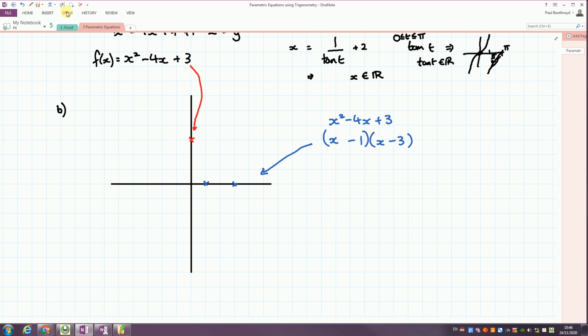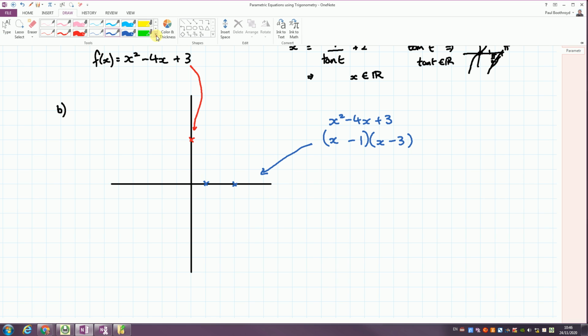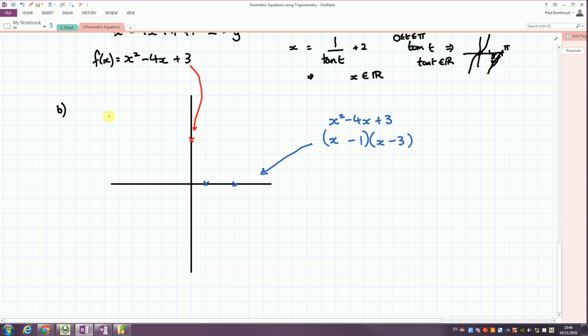And you may not remember this one, but you can also do completing the square to find the minimum point. So if I can get (x minus 2) squared, subtract off 4 from minus 2 squared, which is too much, plus 3, and this gives me a position (x minus 2) squared minus 1.